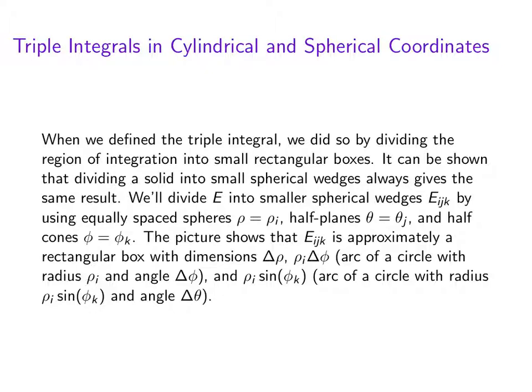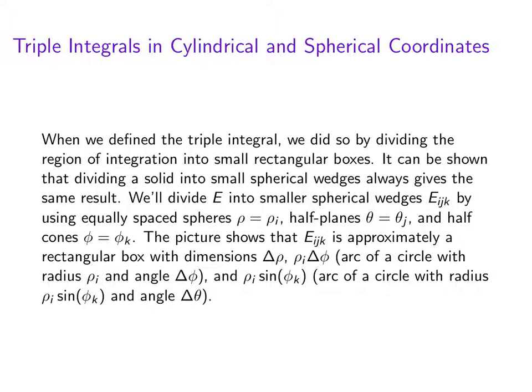Now what our picture shows is that E sub ijk is approximately a rectangular box. It has dimensions delta rho. The other dimension is rho sub i delta phi, because we have an arc of a circle with radius rho sub i and angle delta phi.